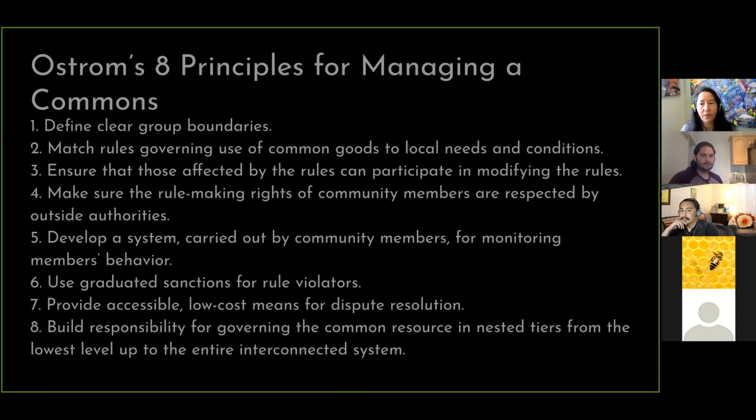So you can see that it's really about creating smaller groups that have similar values, and that they've created rules and systems for working together.